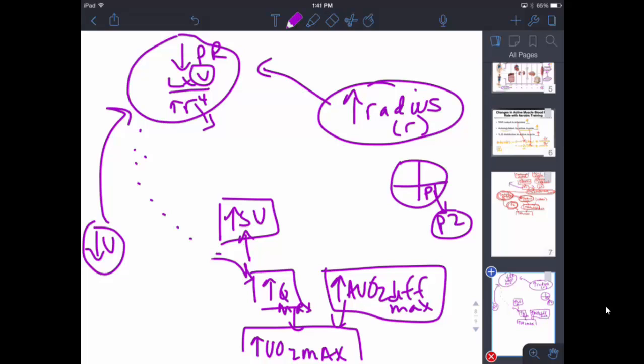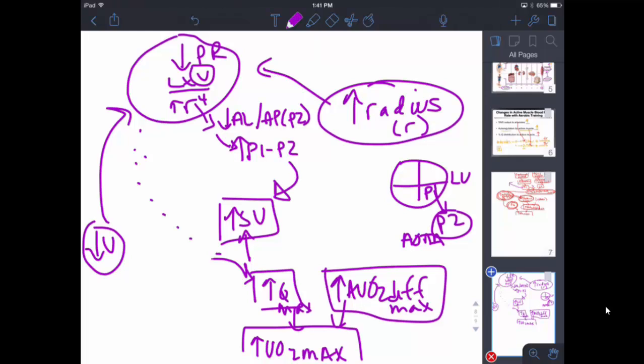So with the lower peripheral resistance, we get lower afterload, lower aortic pressure, which is P2, which means that the pressure gradient, P1 minus P2, which is the gradient between the left ventricle and the aorta, is bigger, and therefore more blood needs to come out before equilibrium is achieved, and therefore more blood comes out.